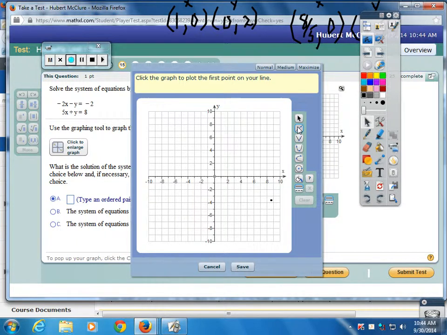1 and 0. 0, 2. 8/5. See, that's what I don't understand. How are you going to get 8/5? Because this won't let you do 8/5. The y is 8, right?